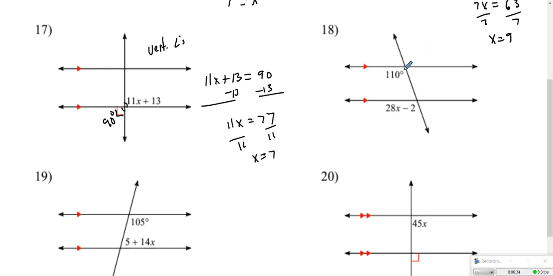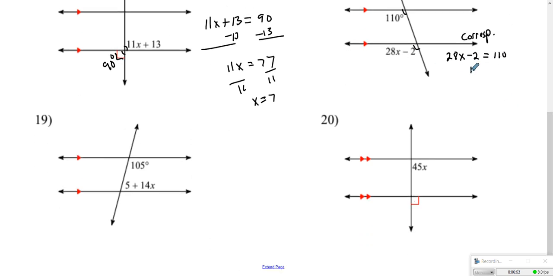Number 18. Same side of the transversal, one interior, one exterior, that's corresponding. Corresponding angles are congruent if the lines are parallel, and they are. So it means that 28x minus 2 is equal to 110. I'm going to add 2 to both sides. 28x equals 112.